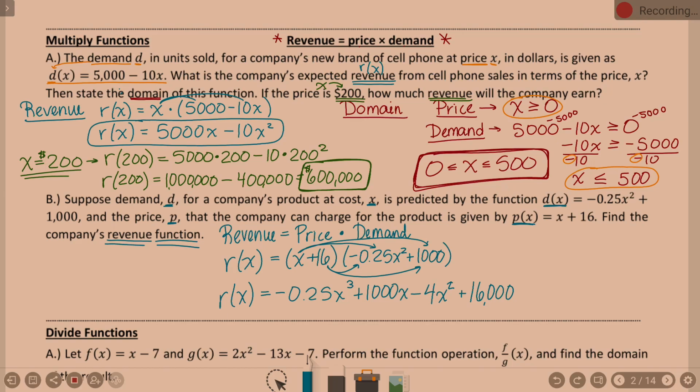The way mine worked out, it's not in order, but is there anything I can add? I don't think so. I have an X to the third, I have an X squared, I have an X, I have a number. You could reorder this. You could probably just type it in this way. Which, in all honesty, I don't know that you have one exactly like this in homework.